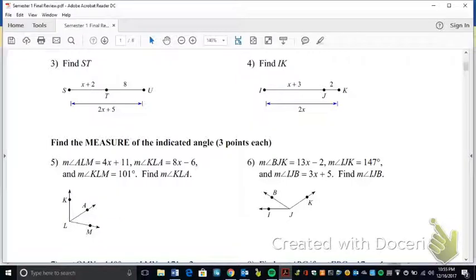So, moving on. We now have ST. So that's that first one, x plus 2. Let's set it up first. ST plus TU equals SU. Plug in our lengths. We get x plus 2 plus 8 equals 2x plus 5. ST is x plus 2, TU is 8, SU is 2x plus 5.